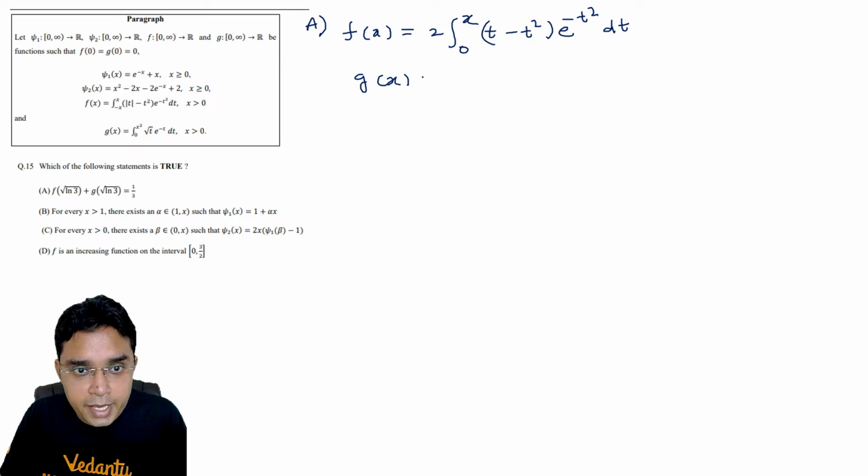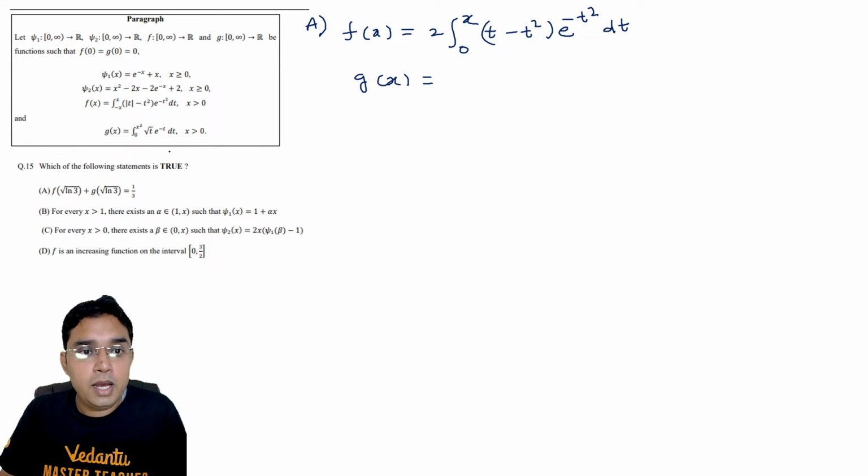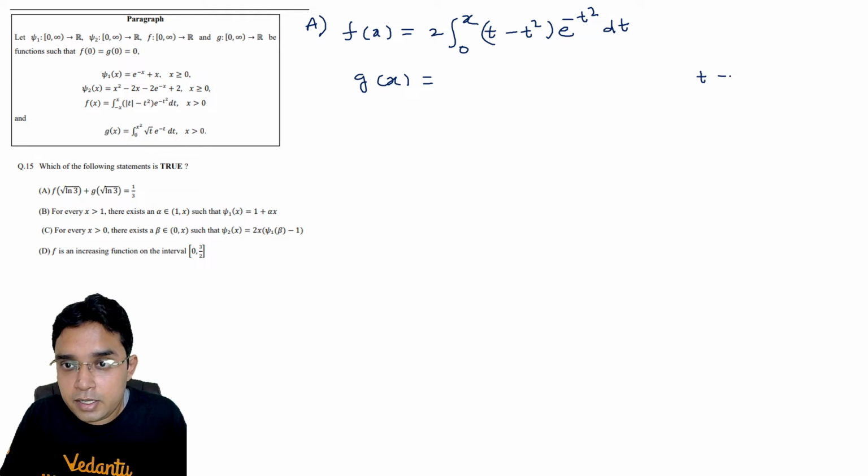Similarly, g of x is given as integral 0 to x square of under root t into e power minus t dt. Now if I write t as u square, you can see this will become 0 to x of 2u square e power minus u square du.